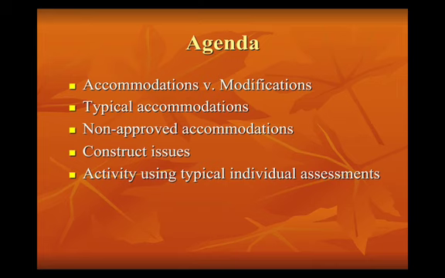We're going to talk about construct issues because that's really what the core problem is with making accommodations and modifications to assessment procedures, is that we've changed the construct. And then finally, I'm going to set up an activity that folks can do at their discretion for adapting an assessment and using some typical kinds of individual accommodations.